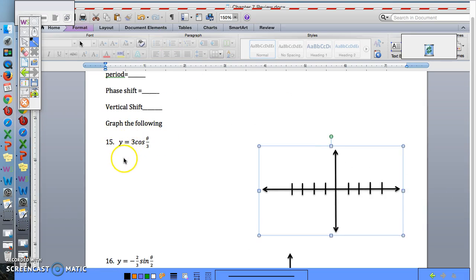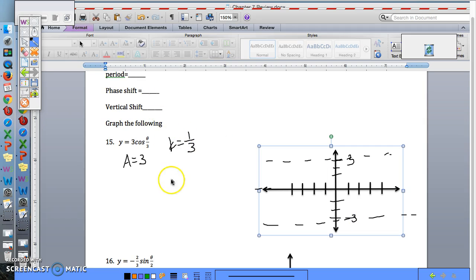Whoops. So on this one, our amplitude is 3. 1, 2, 3. Our midline is 0. So 3 and -3. Let's see, our k value is 1/3. So our period would be 2 pi divided by 1/3, which is 6 pi, because it's 2 pi times 3 over 1.